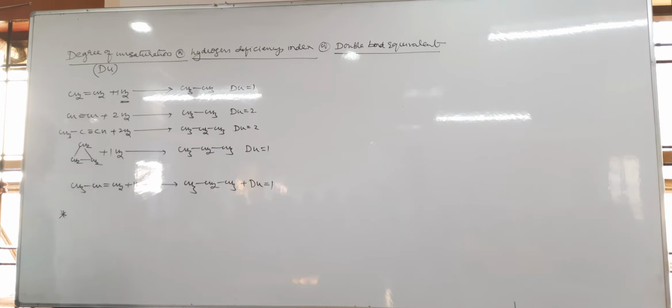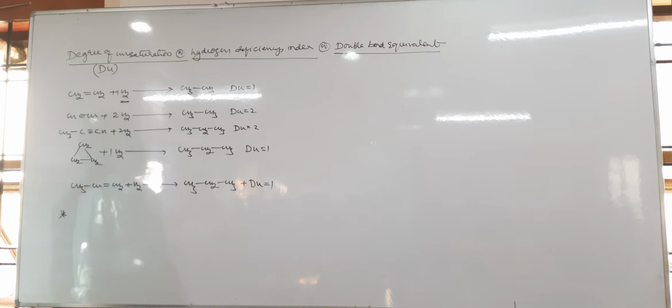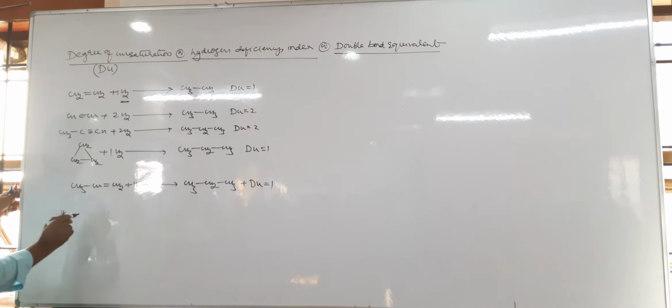Degree of unsaturation indicates the presence of pi bonds or the presence of a cyclic ring. Example, if DU equals 1, what does it mean?